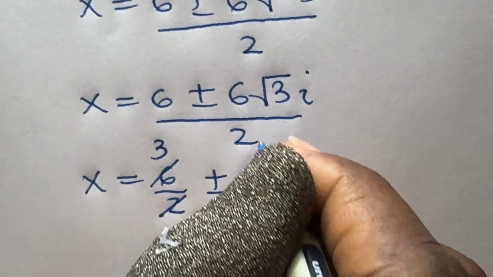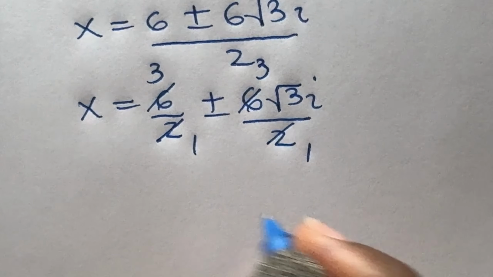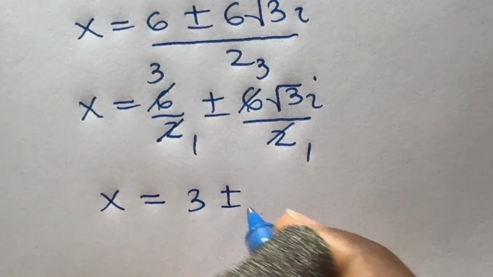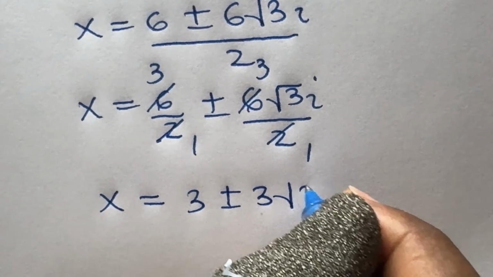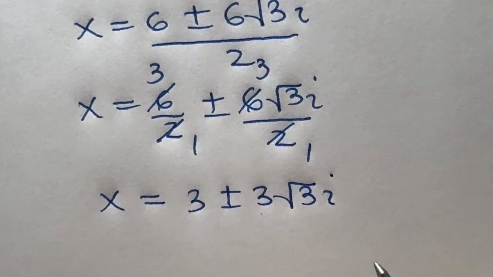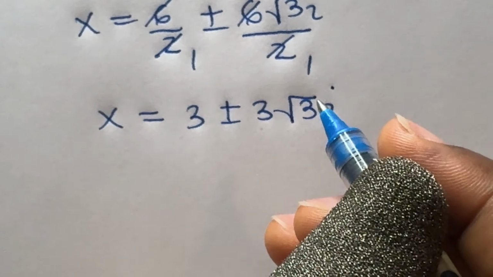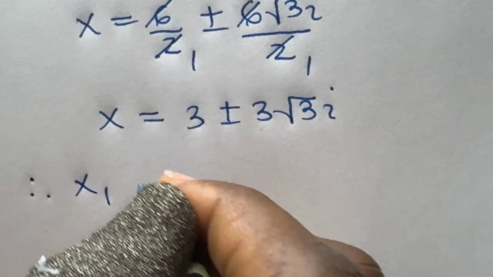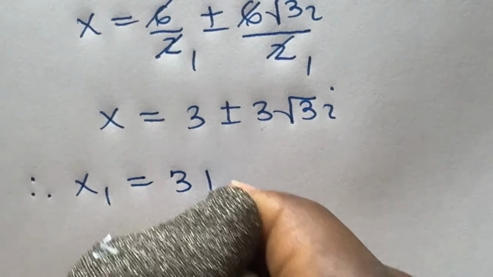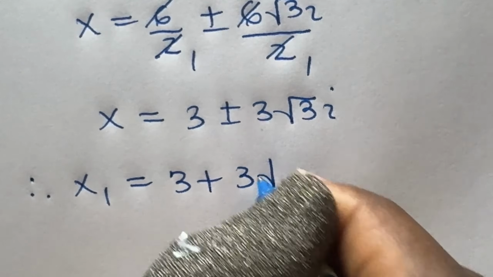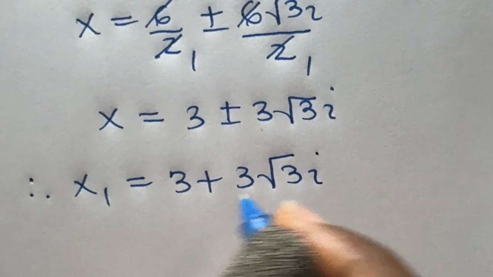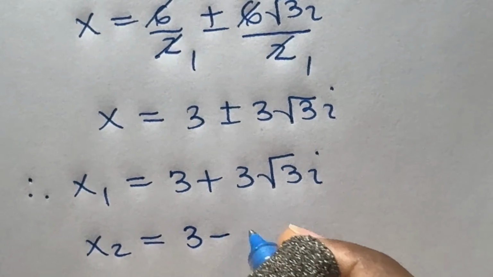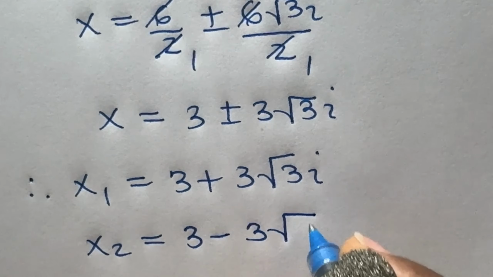Then x is going to be 3 plus or minus 3 root 3i. Therefore, we have two values for x, which is x1 is equal to 3 plus 3 root 3i, and then x2, which is equal to 3 minus 3 root 3i.